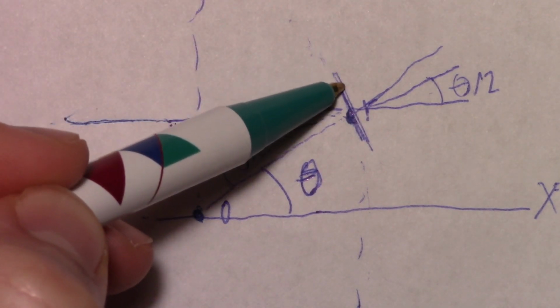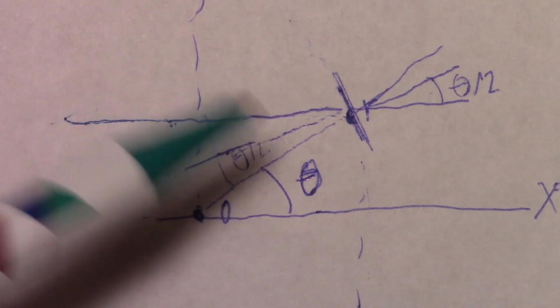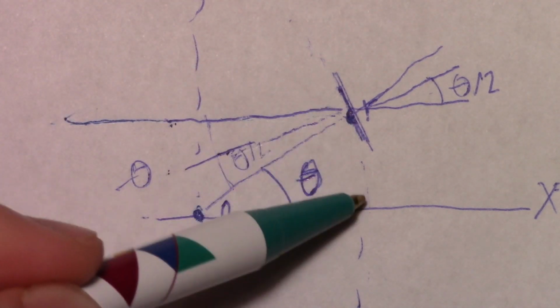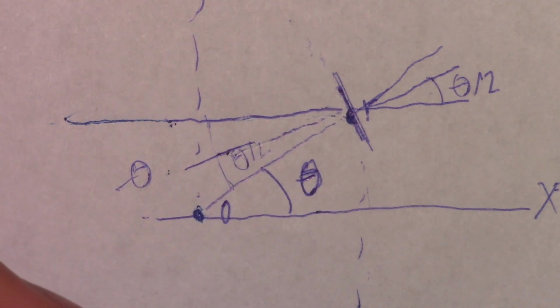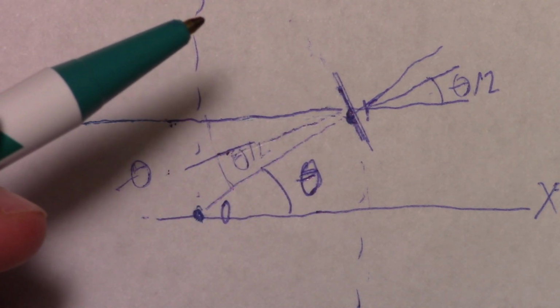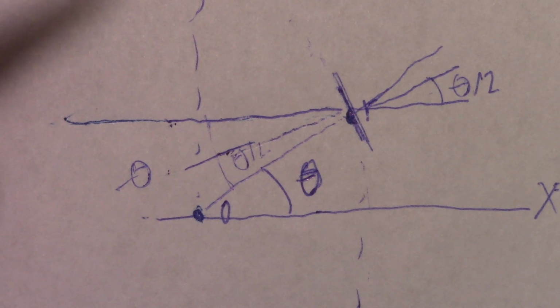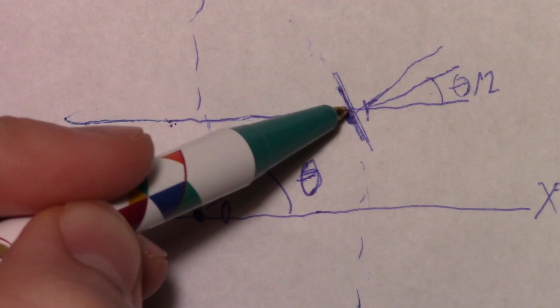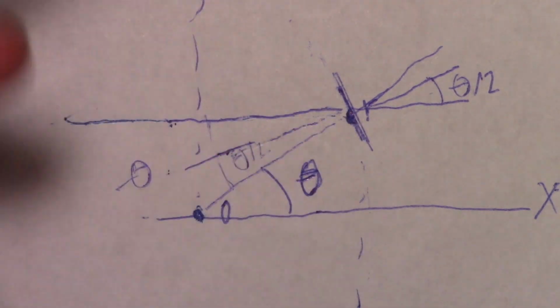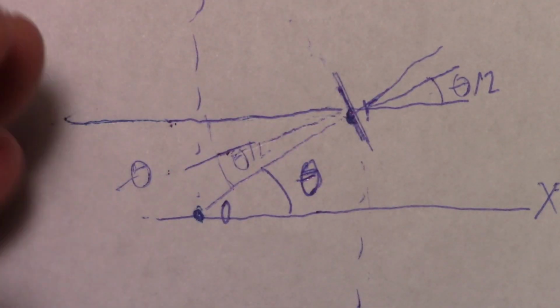But how can I smoothly connect this point to all the other points? By calculus. If I figure out how the slope changes, I can integrate, the whole point of calculus.